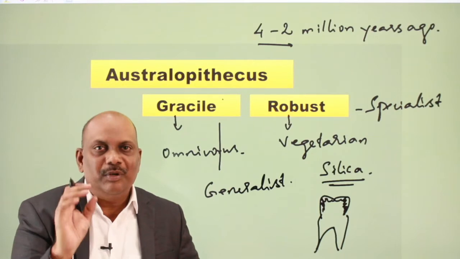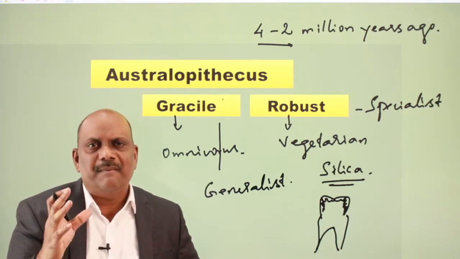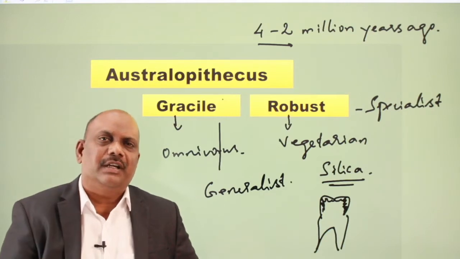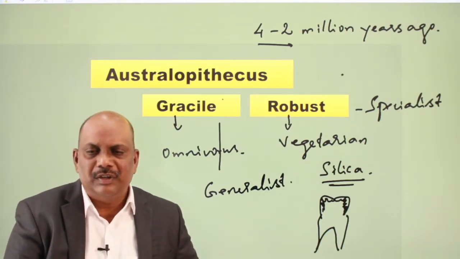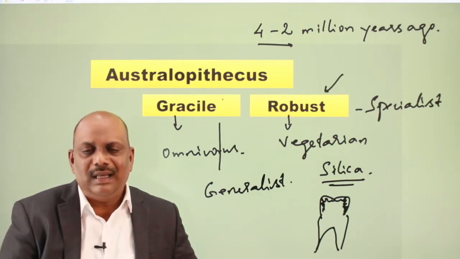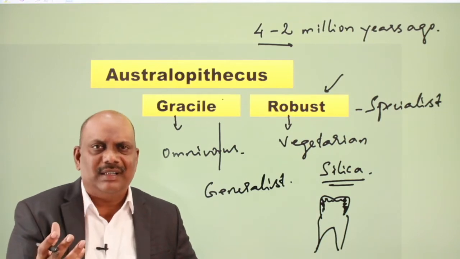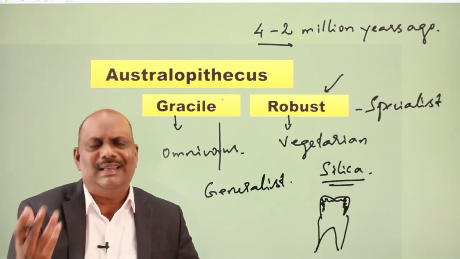Sorry, it's robust. Robust were specialists, right? So robust started facing food shortage. There was scarcity of resources for the robust to survive. On the other hand, gracile, as they were omnivorous, were capable of surviving somehow by eating meat or hunting something.